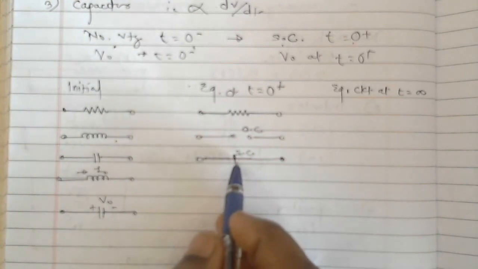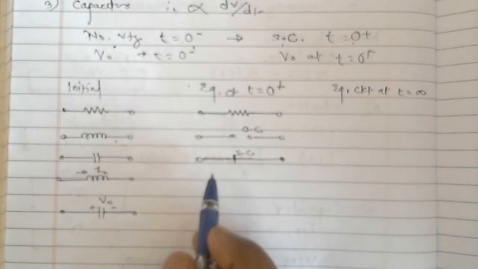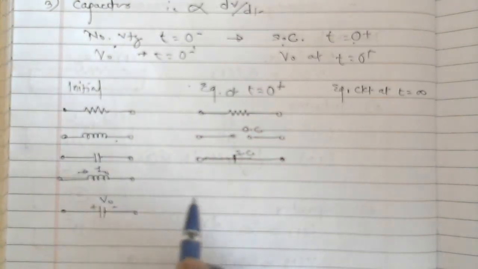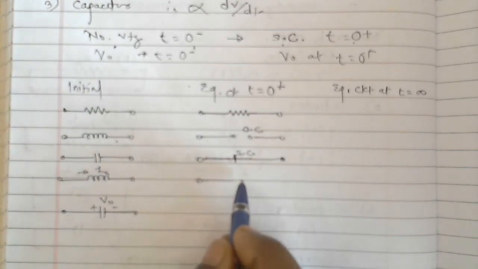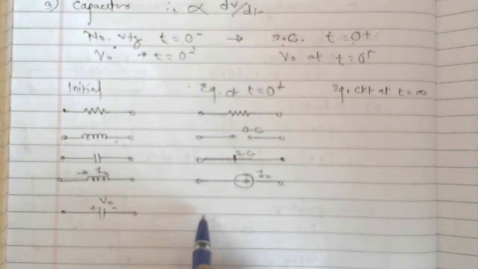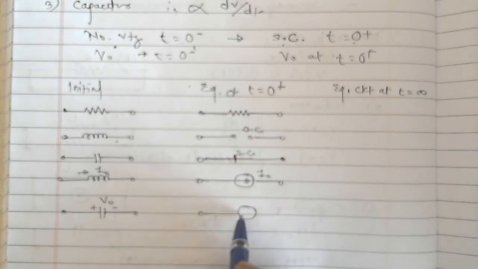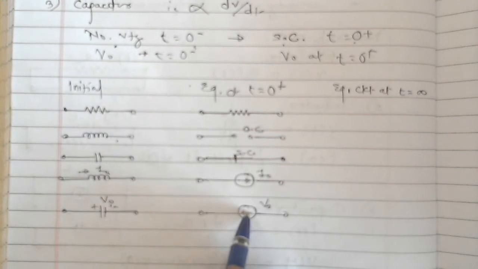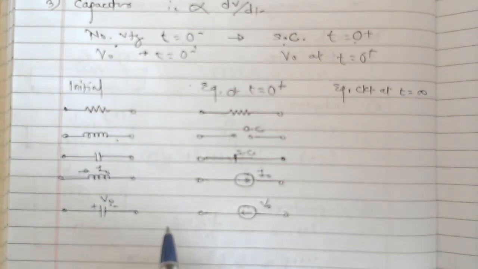Then only the voltage across it will be zero. If there is an inductor with some initial current through it, then it will act as a current source just after switching. If there is a capacitor with some initial voltage, then it will act as a voltage source of that stored value just after switching. Now this is just after switching.